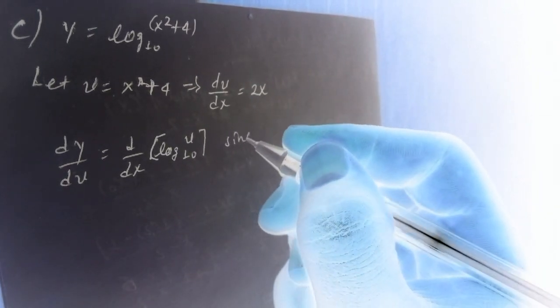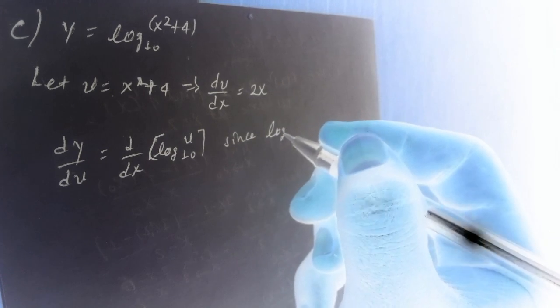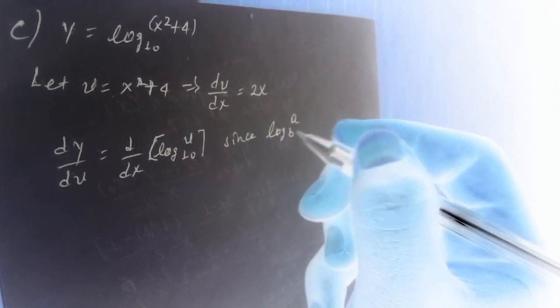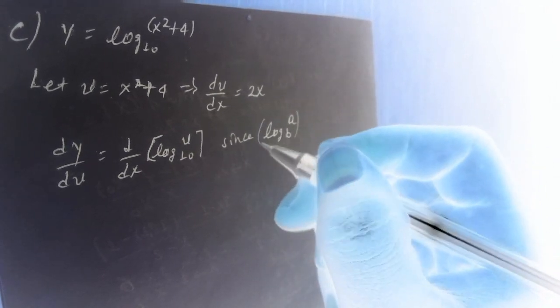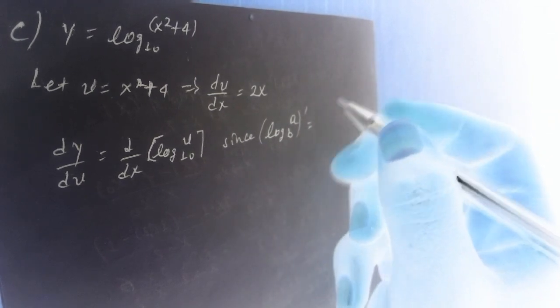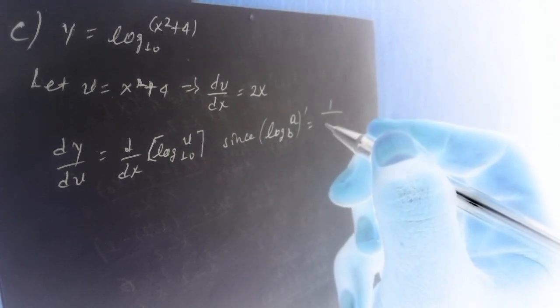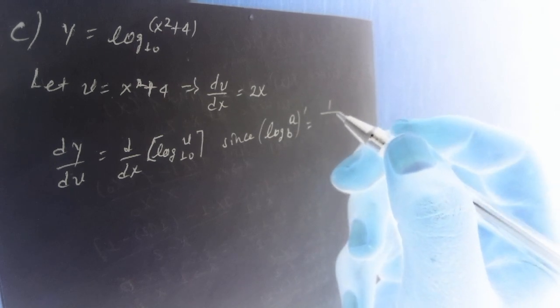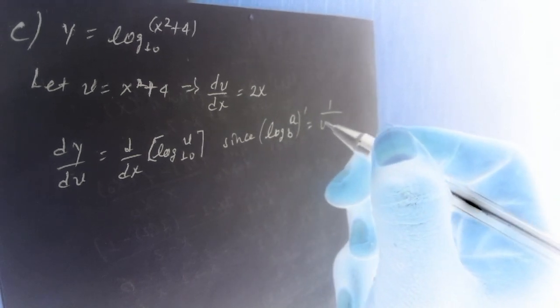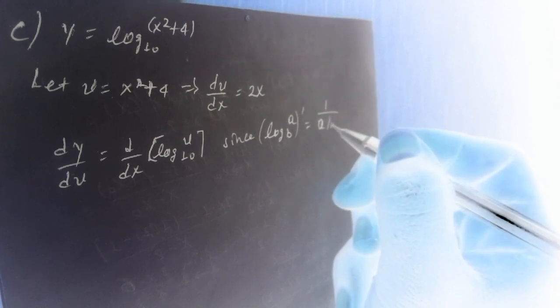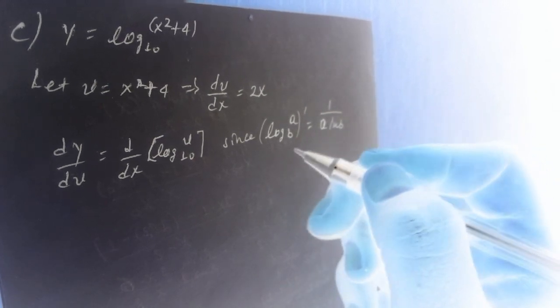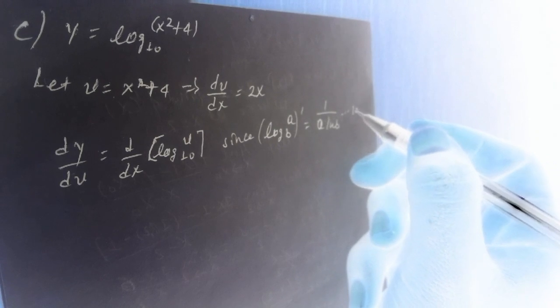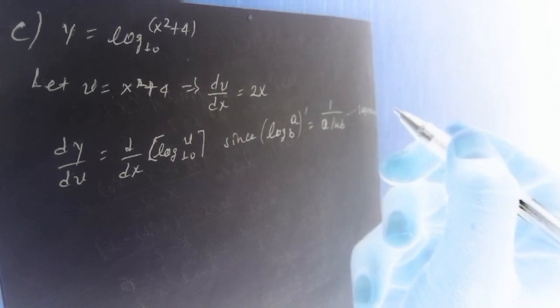As you remember from the logarithm rule of derivatives, the derivative of log of a in base b is 1 over a ln b. This is the general logarithm rule.